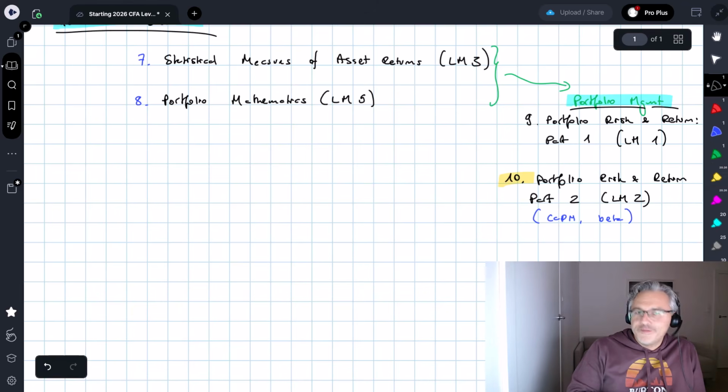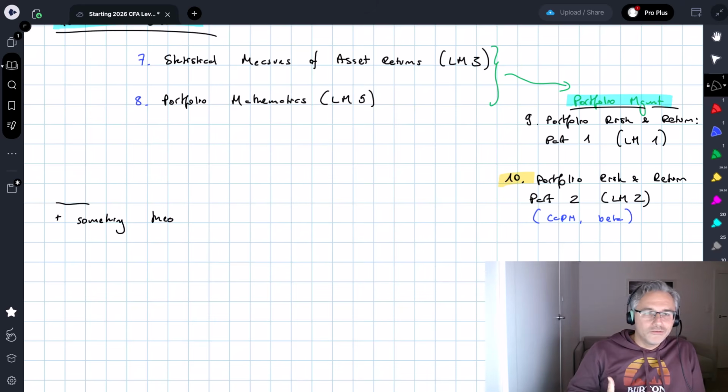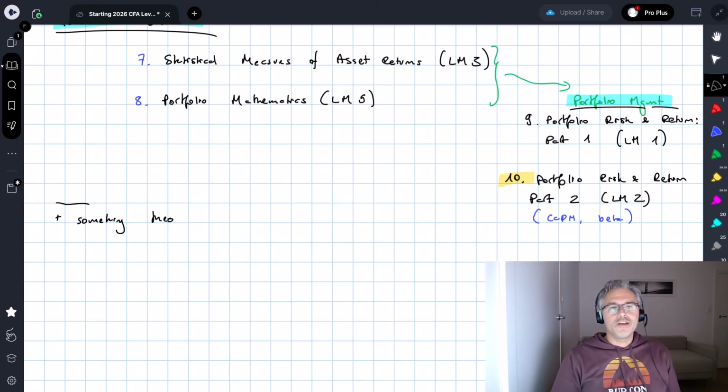And if you can, I would advocate adding something more theoretical to the mix, so not so numerical. People think often that the CFA exam is all about number crunching, but when you take the exam, you'll find that most of the questions, I think more than 50% probably, will not require you to use the calculator. A lot of them are very theoretical.